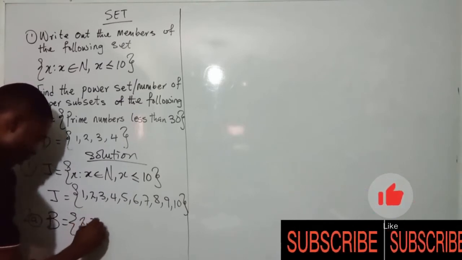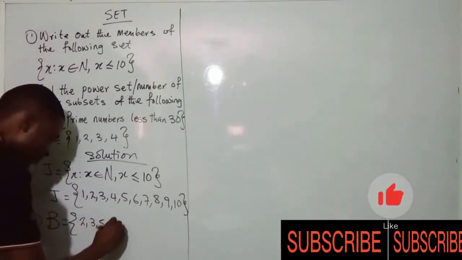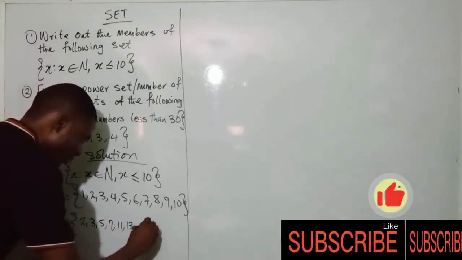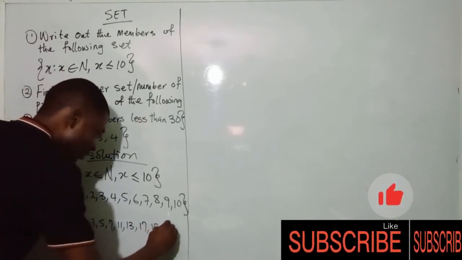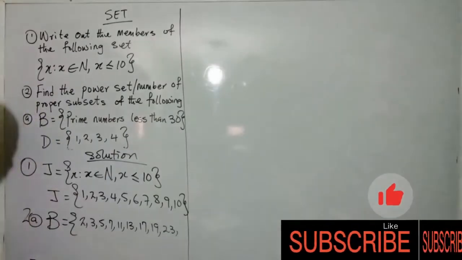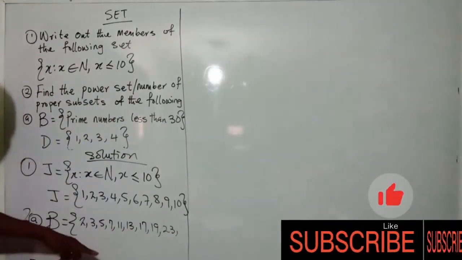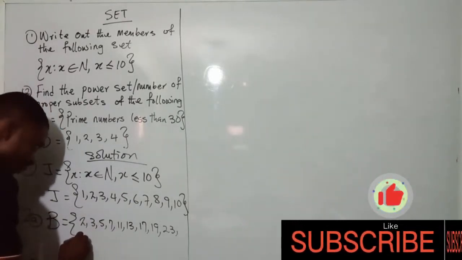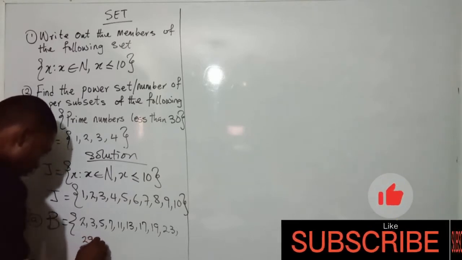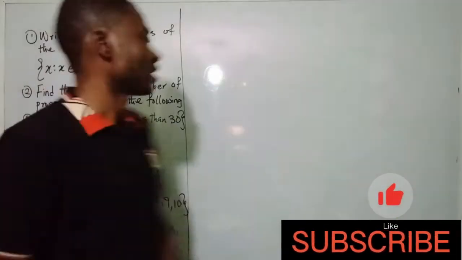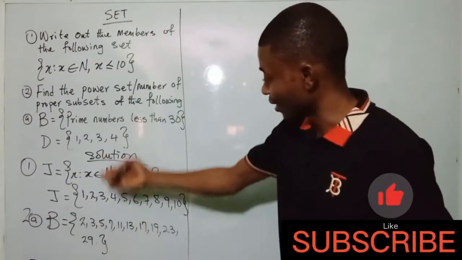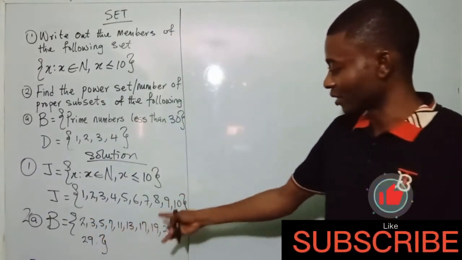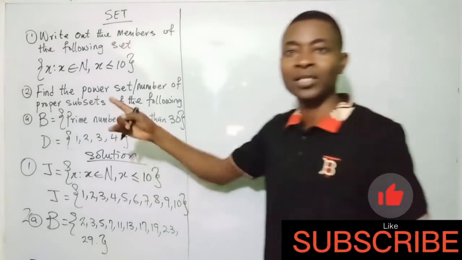After 2, we have 3, 5, 7, 11, 13, 17, 19, 23, and then we have 29. That is it. So this is a set of prime numbers that are less than 30. They are 2, 3, 5, 7, 11, 13, 17, 19, 23, and 29.